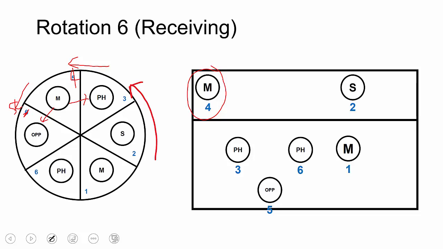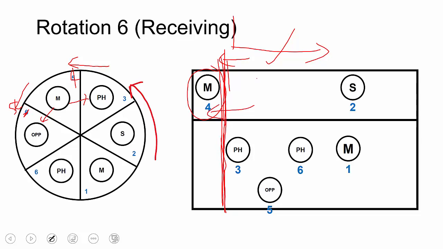Or to the right of the setter. Okay, and we see that. So the middle is to the left of the pass hitter, and the setter is to the right. So that's all good. Okay, so the key thing for the middle here is just to remember, so that line there, you're just going to make sure you're to the left of it. Okay, so if the middle started here, you'd be out of rotation. So hopefully that explains things a little bit better.